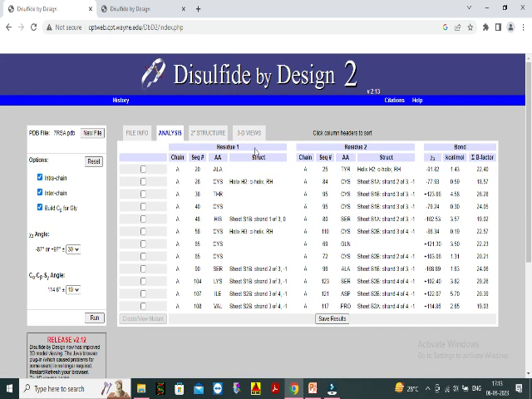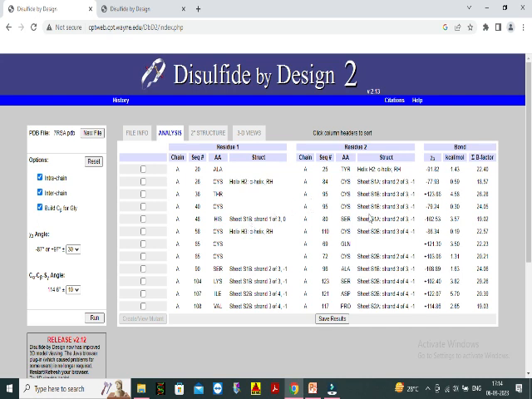Alanine is present at the 28th position, and cysteine at the 26th position. Like this, threonine is present at the 36th position and histidine at the 48th position, and it forms a beta sheet.